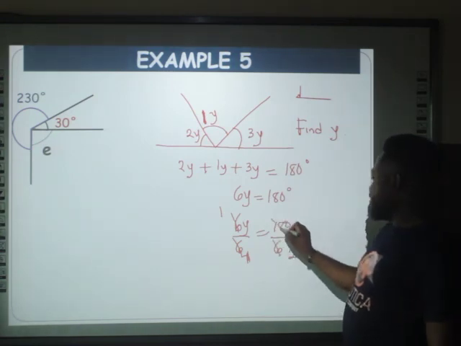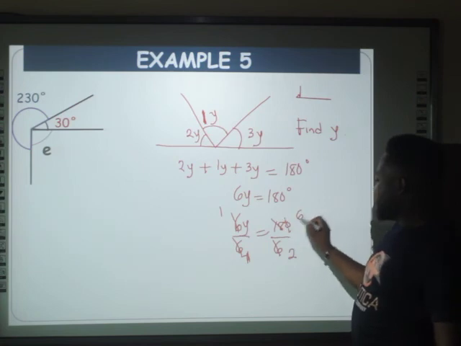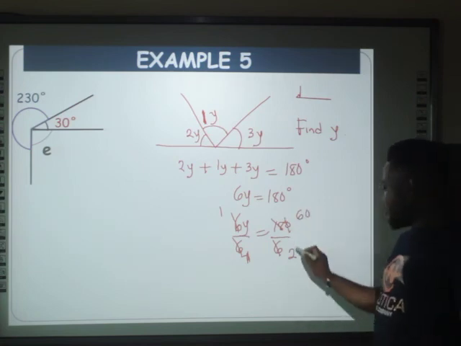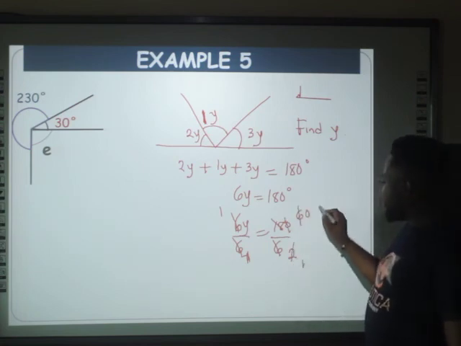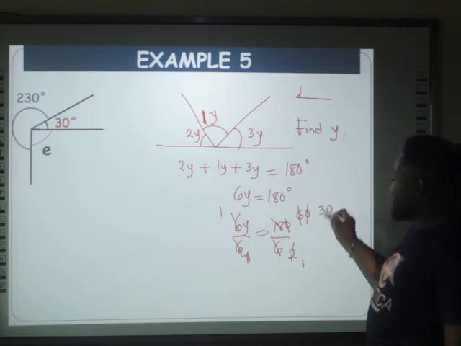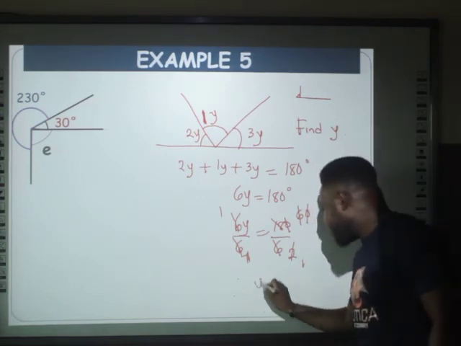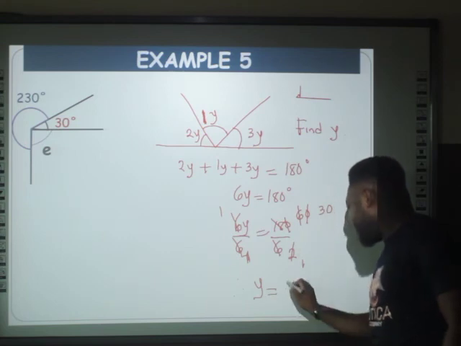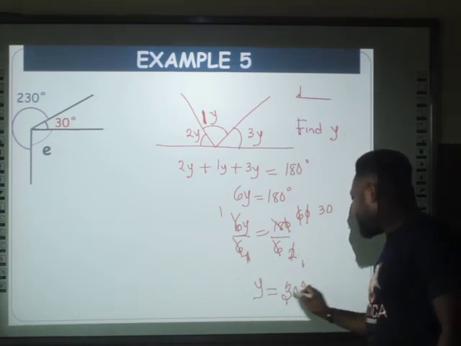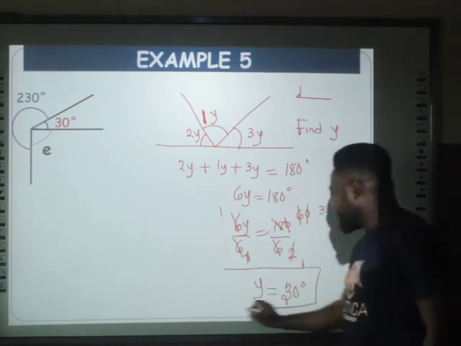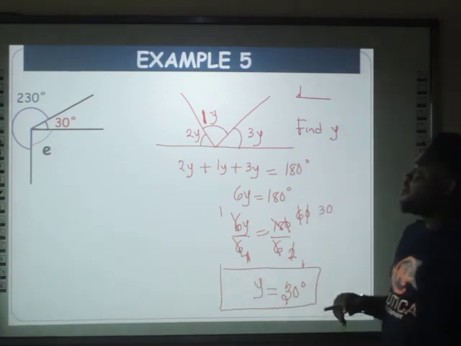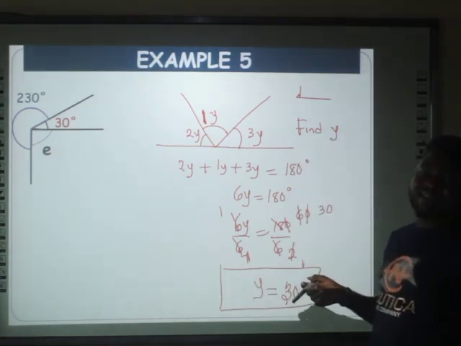Right? 3 in 18 is 6. 3 in 0 is 0. So 2 here 1. 2 in 6 is 3. 2 in 0 is 0. So therefore, our missing angle or the value of y from that diagram is 30 degrees. Okay? 30 degrees.